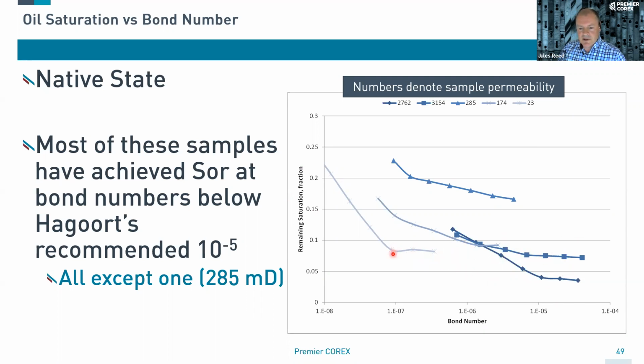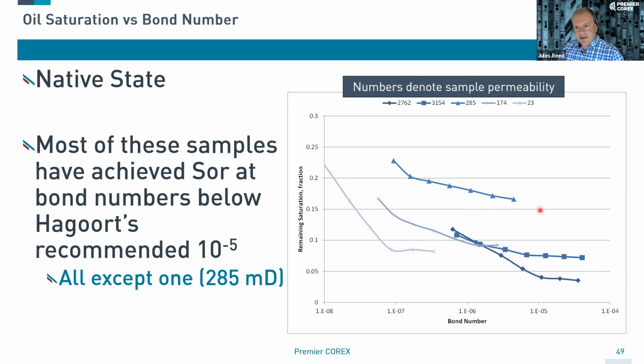So this one achieves it at a bond number of 10 to the -7, these 10 to the -5, and this one about 10 to the -6. So there is a range, but we can see where stability occurs. So we've got reducing saturation down to this point, and we haven't gone into a further potential additional saturation reduction.